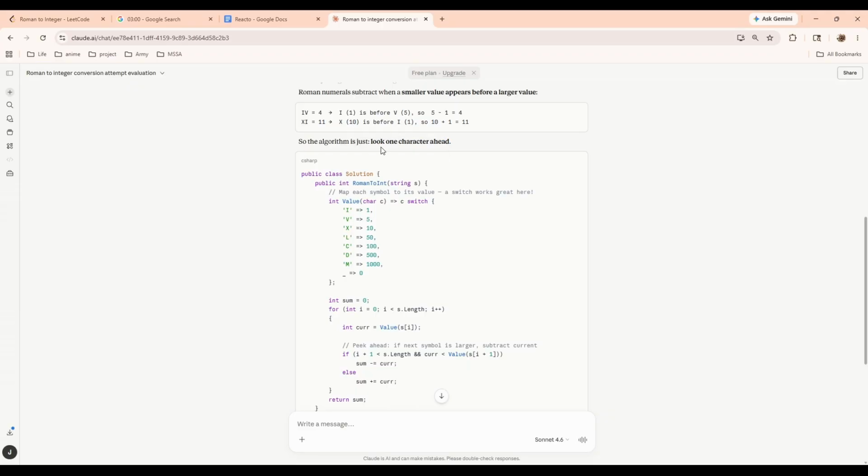One character ahead. Map each symbol to its value. A switch works great here. Int value char c.